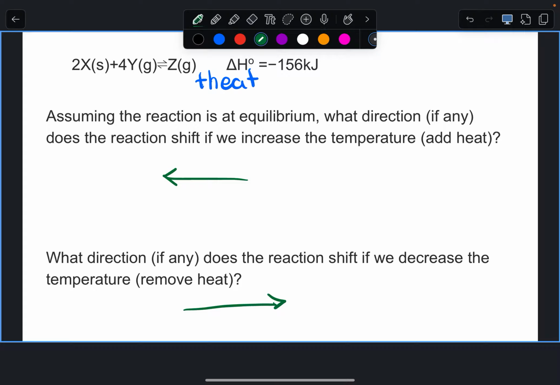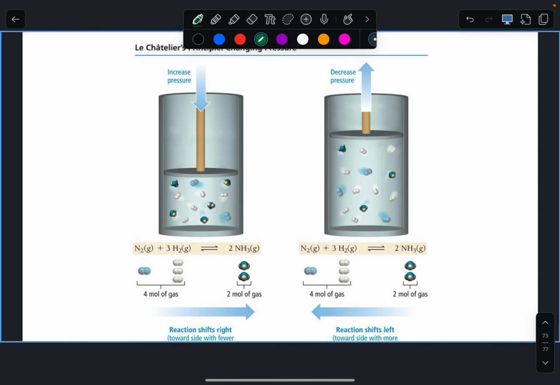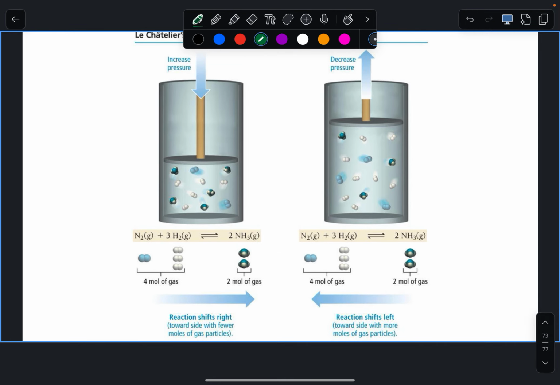Okay, so the last stressor we'll talk about is changes in volume, which really is a change in pressure, okay? So here's our picture for that one. So if you remember, and if you don't remember, just memorize this, because I know there was a class that didn't do gases, so putting this out there.